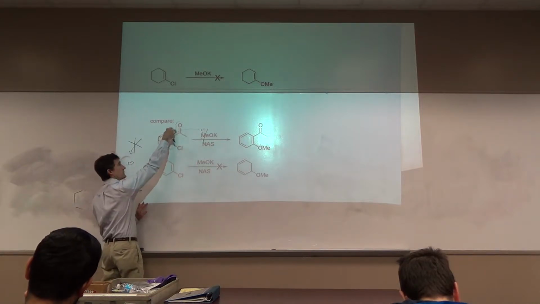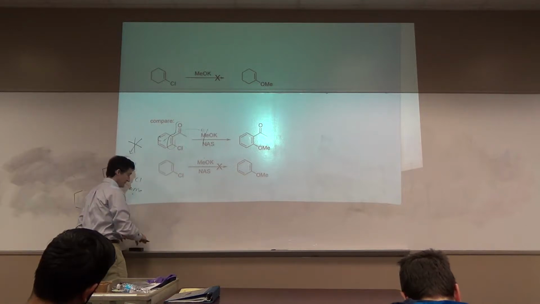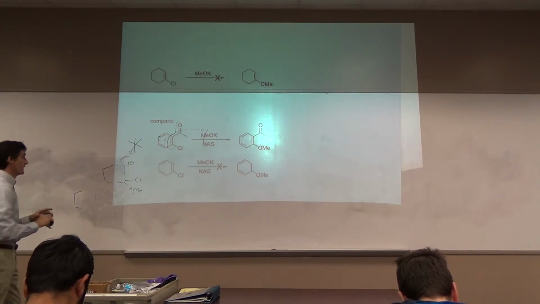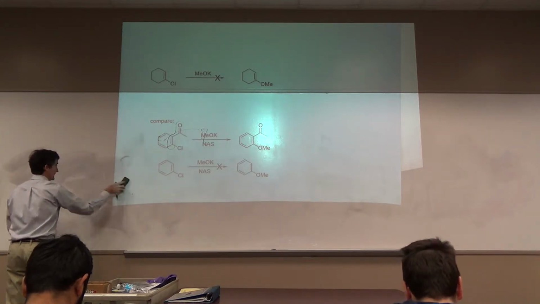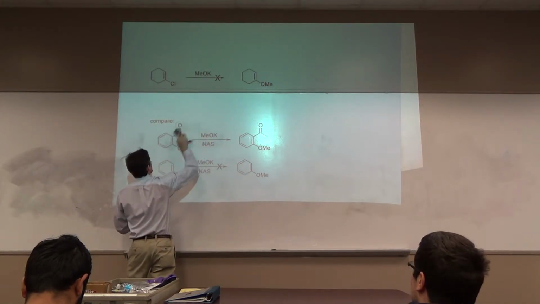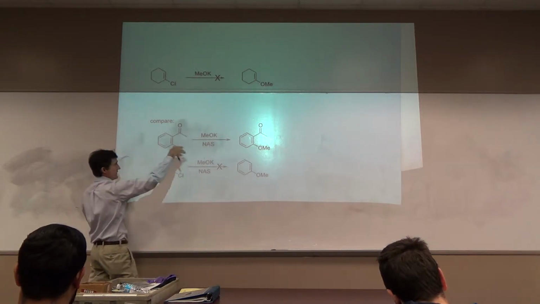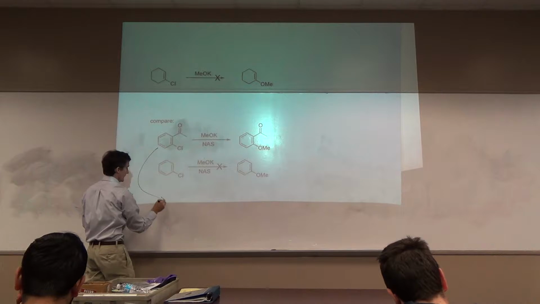You look at this molecule now, this molecule has multiple sites of reactivity. Okay, we've come a long way. At the beginning, we talked about the toolbox. There's one reaction. Yeah? Final exam is when?